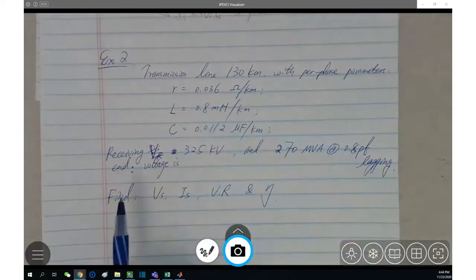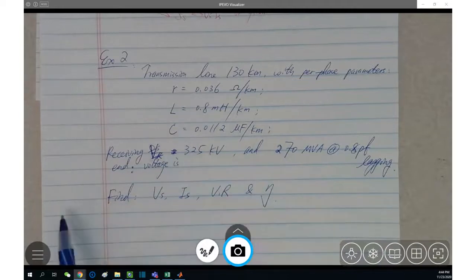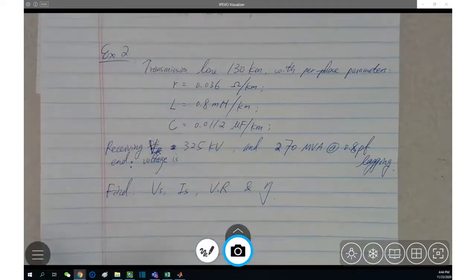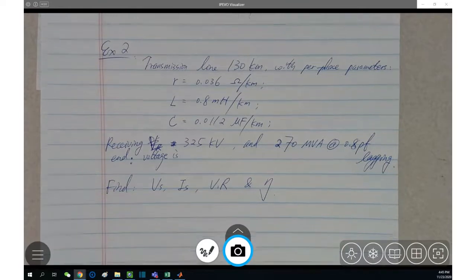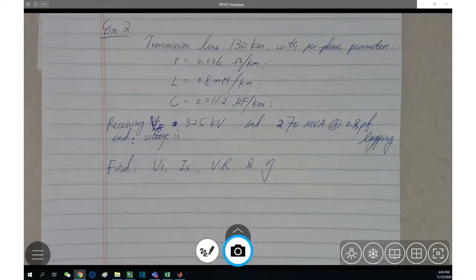So here it is telling you the RLC of the transmission line, also the voltage of the receiving end and power of the receiving end. Telling you the voltage and power. So let's do this problem together.